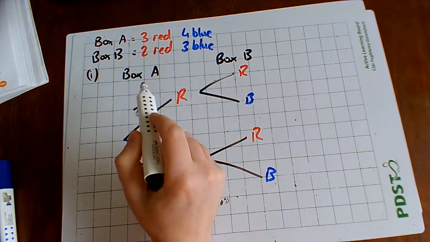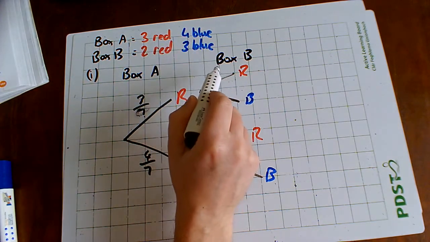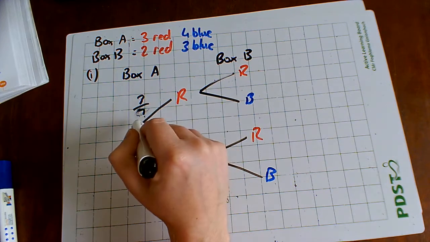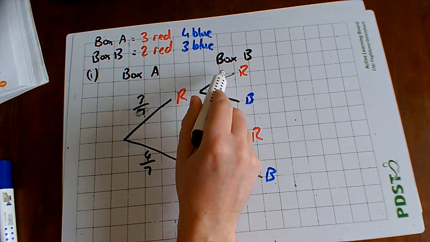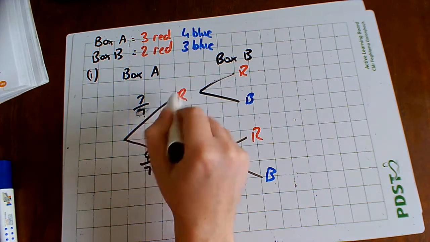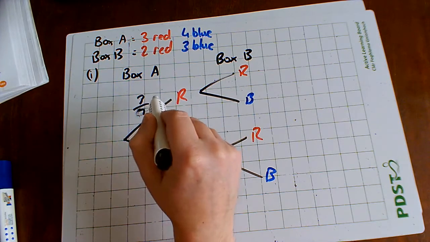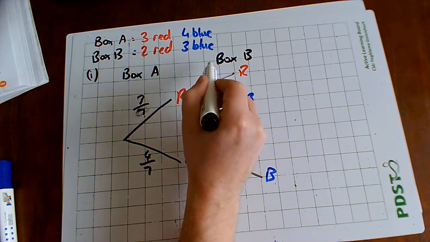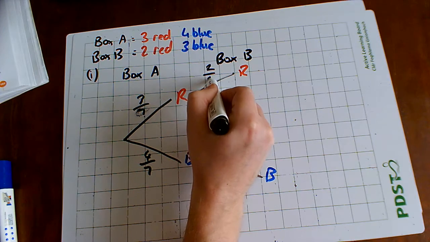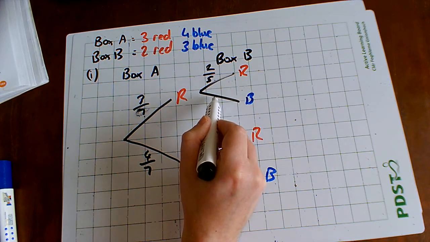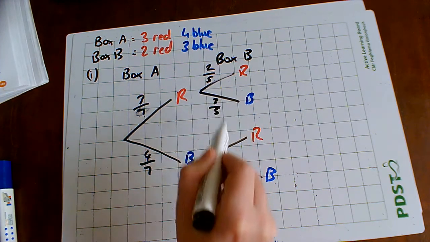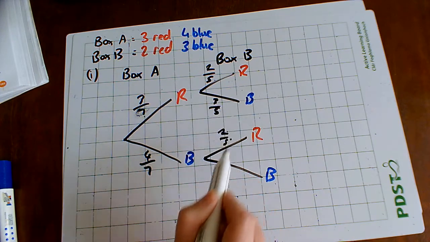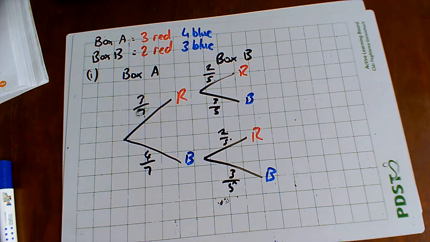Now box B is totally independent of box A, so the probability of getting a red after getting a red does not depend on this. It's just looking at box B, it's 2 out of 5. And the blue is 3 out of 5. Same here, 2 out of 5, 3 out of 5.